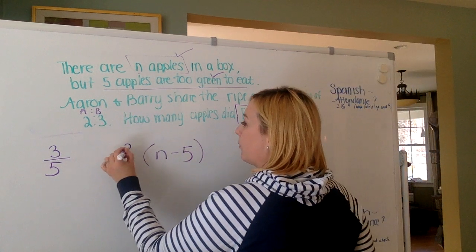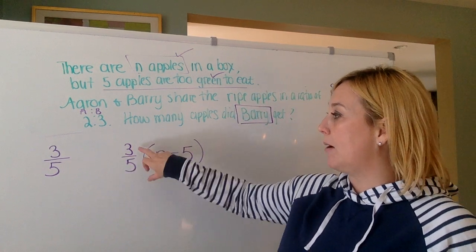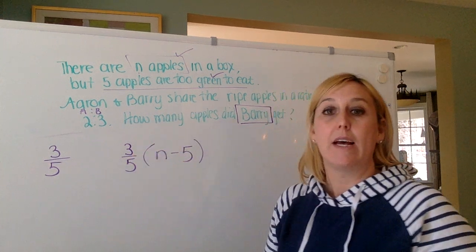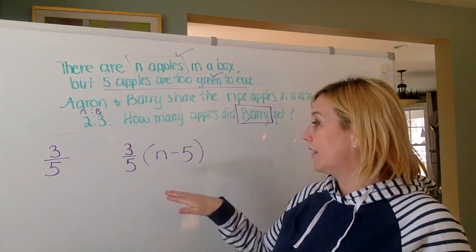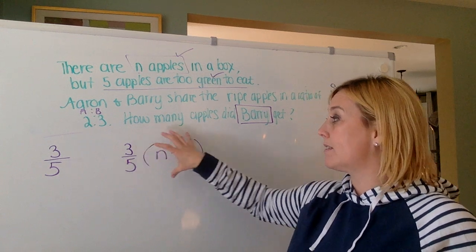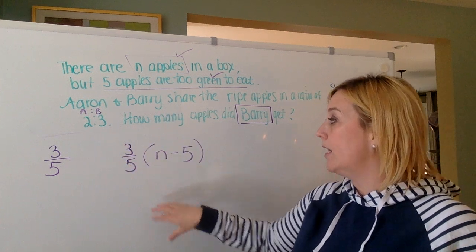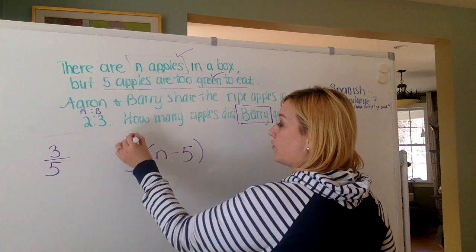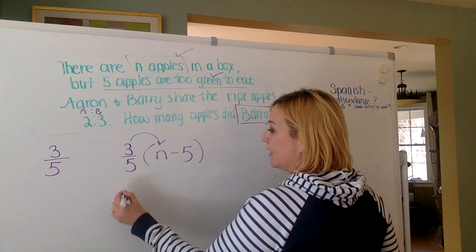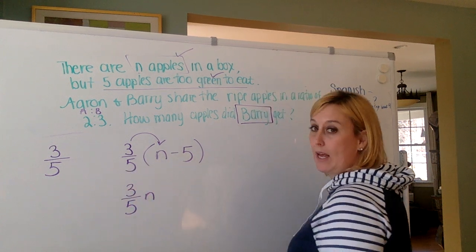So you would say, all right, I need to multiply 3/5 now, because 3/5 is going to tell me how many Barry gets out of the apples that they're able to eat. But you know, this is not simplified. We don't leave it this way. This is awesome mathematical thinking. You're totally doing what you need to do, but this is not simplified. I need to distribute my 3/5. So 3/5 times n is 3/5 n, right?